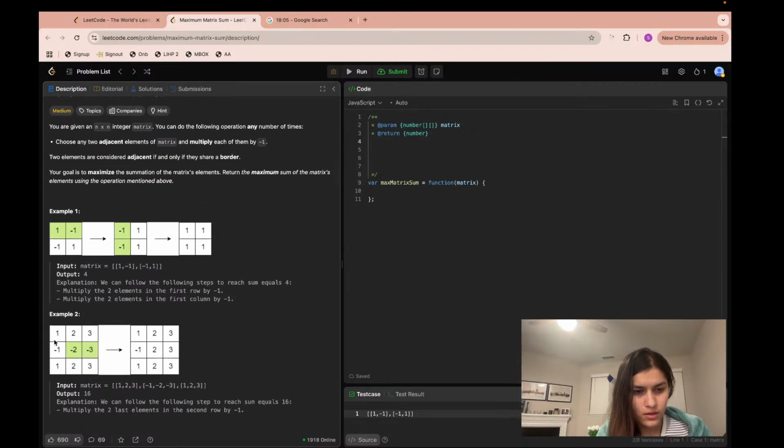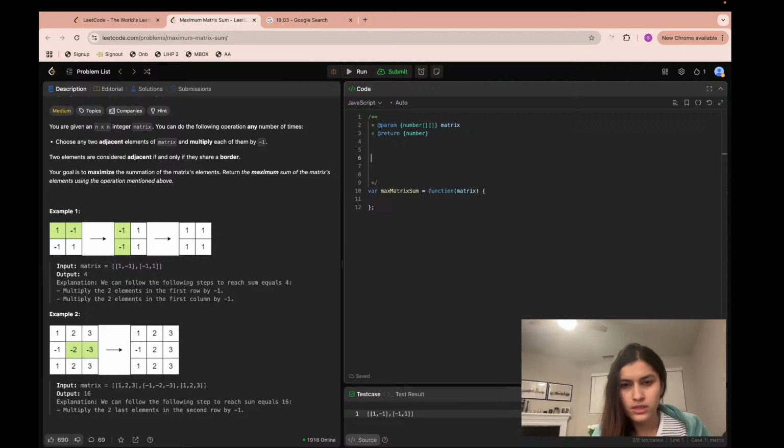So here, 1 2 3, let's try this example: 1 2 3, -1 -2 -3, 1 2 3.